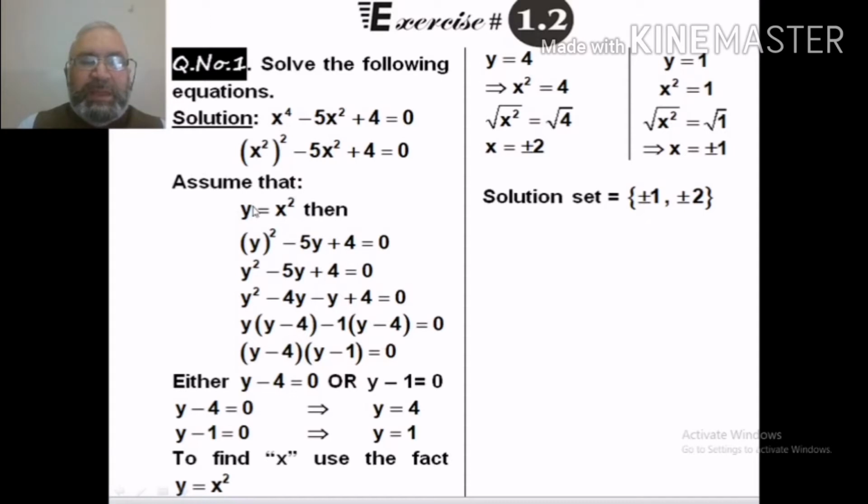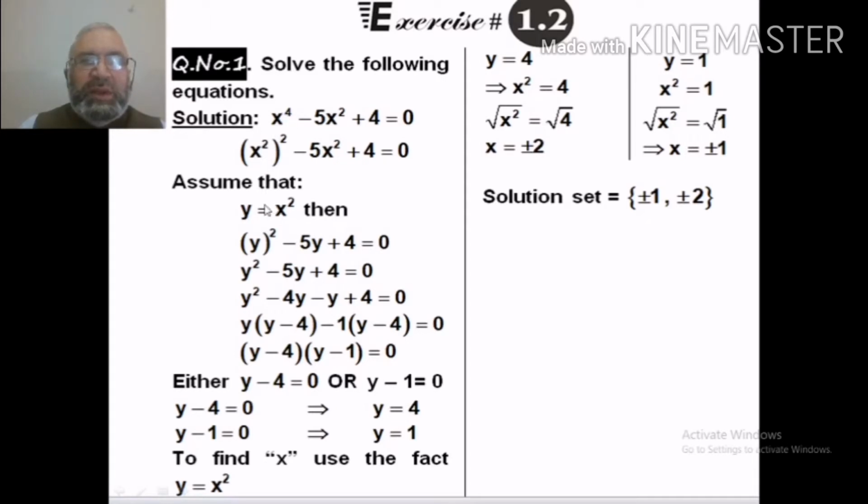We can reduce it to quadratic form by putting x square, the middle term, equal to y. That is another variable. We can take any variable, r, s, t, etc. Then if we put x square is equal to y in this equation, it becomes y square, that is x square square, meaning x^4.